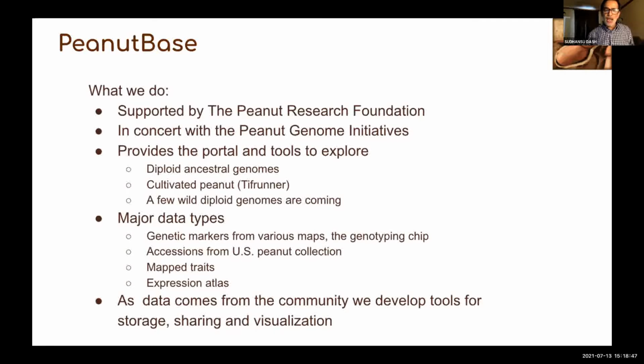For example, we have genetic markers from various mapping studies, and also from the genotyping chip. From the germplasm accessions, we have quite a bit of germplasm data along with their images and their evaluation data we have compiled, and they are accessible not just as data in tables but also in a GIS map context.